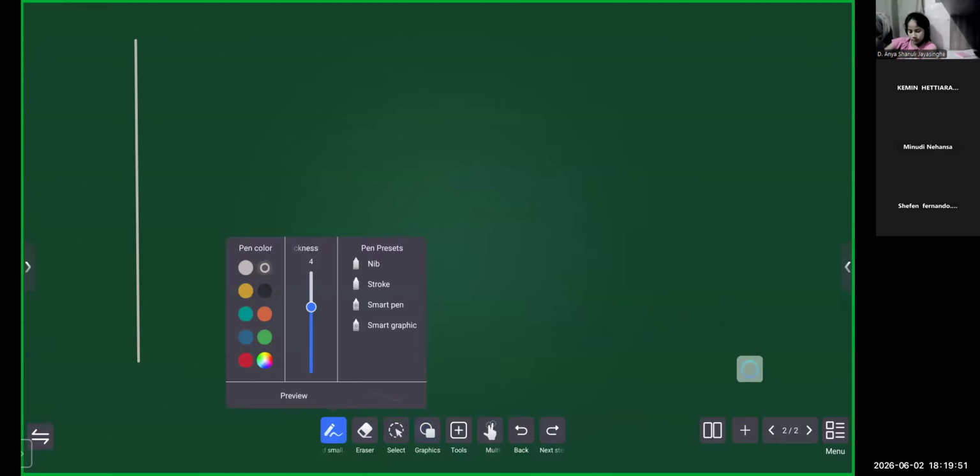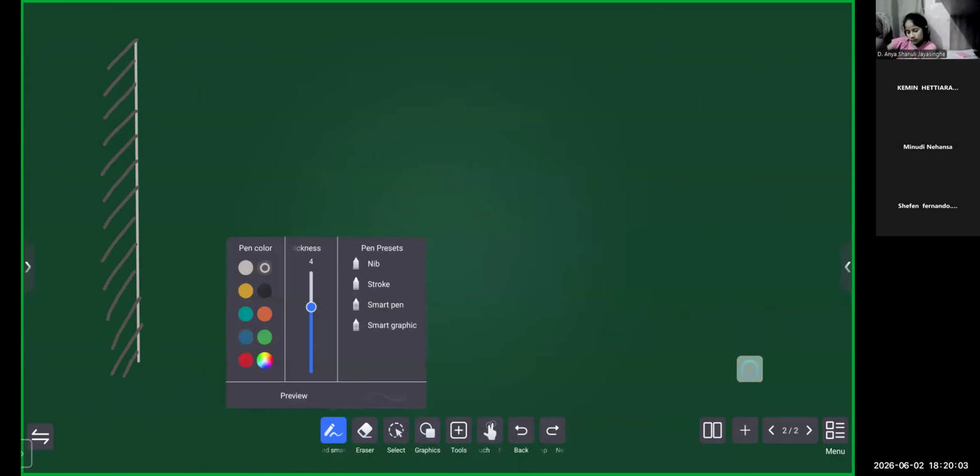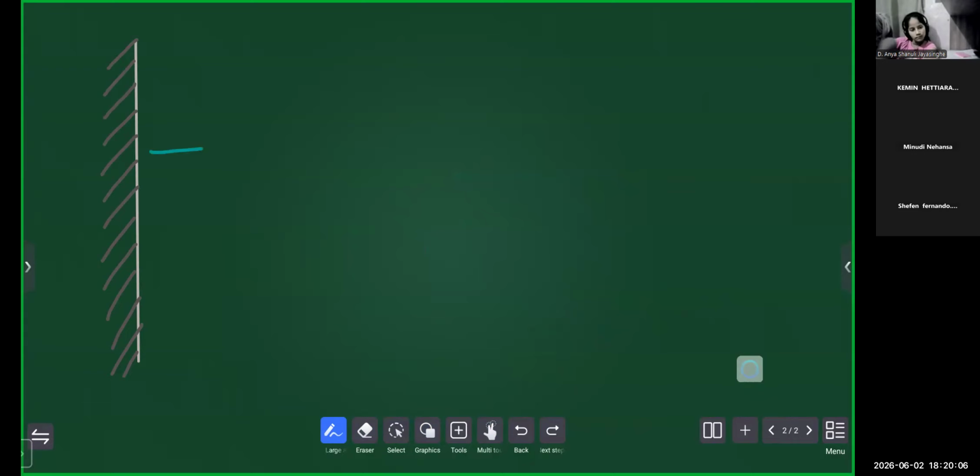Here we are applying mercury on this side. Mercury means rasadiya. You know rasadiya? If we apply mercury on this side and look from this side, this is the side of the mirror. This is the mirror.